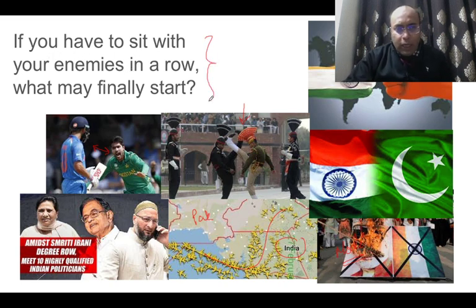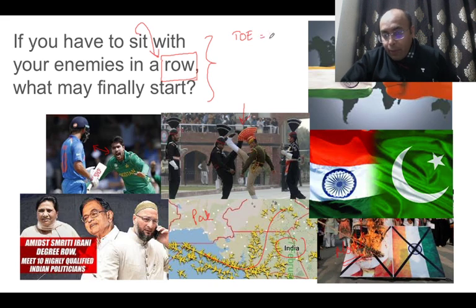So let's look at the question. What is the question here? The question says if you have to sit with your enemies in a row, at the moment it is talking about sitting, so it should be row, right? Row, for example, how we pronounce toe, in that manner it will be pronounced as row. It means a queue, right?